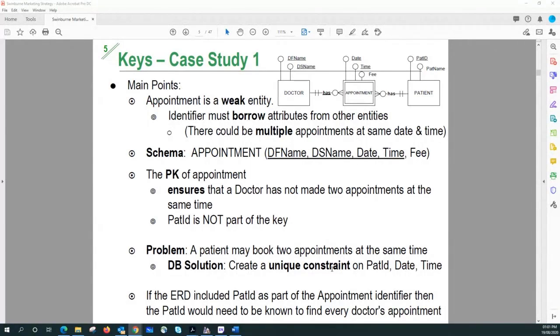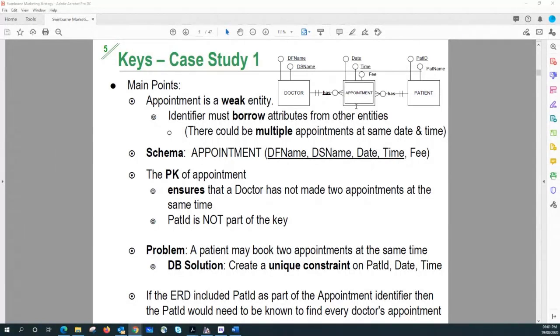Did you get it, Shenal? Yeah, that's the problem. Programmatically, yes, it's correct. Yes, programmatically, Shenal, it's correct. It's unique, right? Because date plus time plus doctor identifies it. Yeah, it's correct. But practically, it's not right, because a patient could have two appointments on the same date, same time, right?